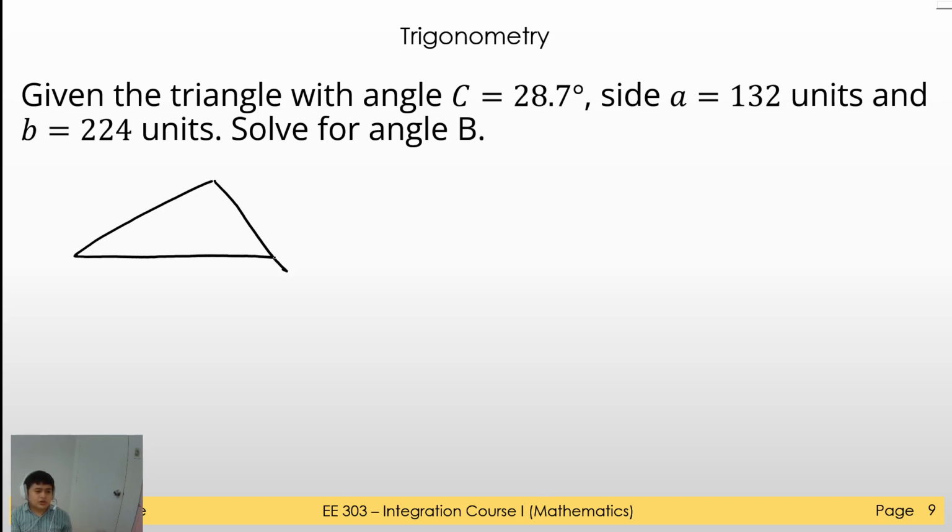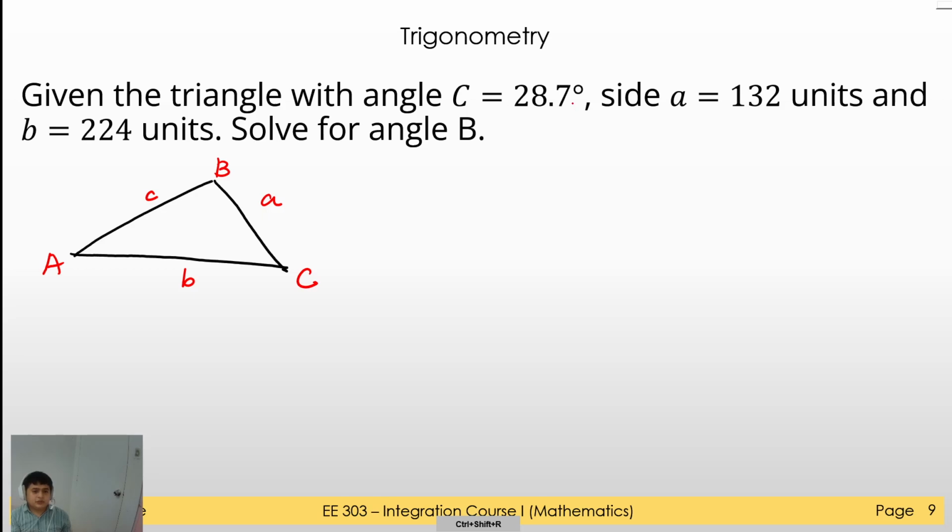For specifying triangles, a convention that we frequently use is that for angle A, angle B, and angle C at the vertices of the triangle, the opposite side will be the small letter of the angle. So the opposite of angle A will be side a in small letters, and the same for small c and C, and small b and B.